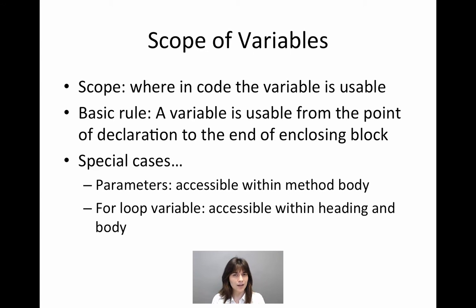Bring in mind a for loop. Think of saying, for example, for int i = 0 and then anything else. Where can we use that i variable that we just declared inside the for loop? We can use it within the heading and within the loop body. After the loop is over, that variable is no longer accessible.